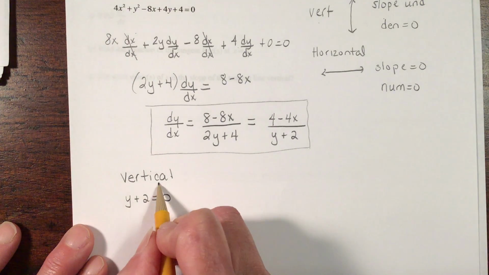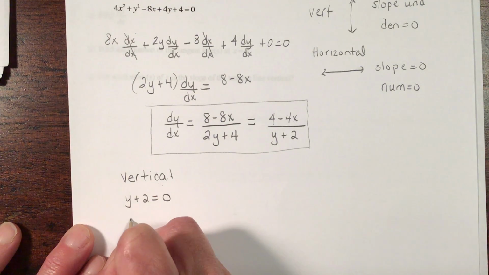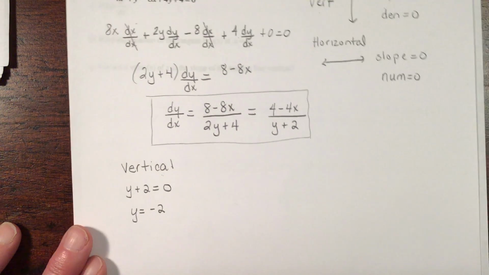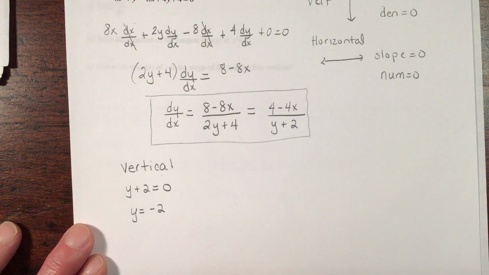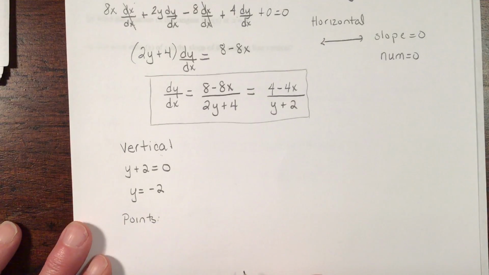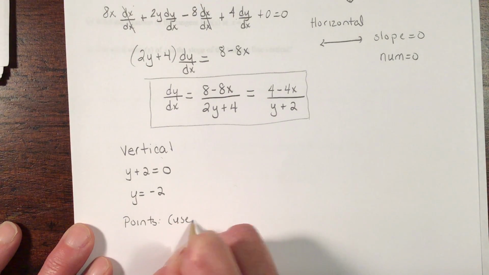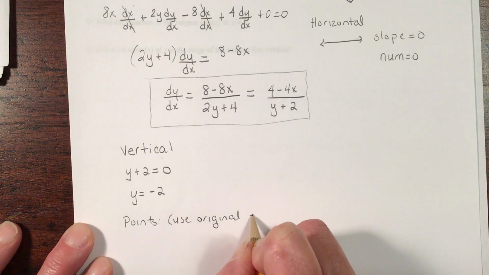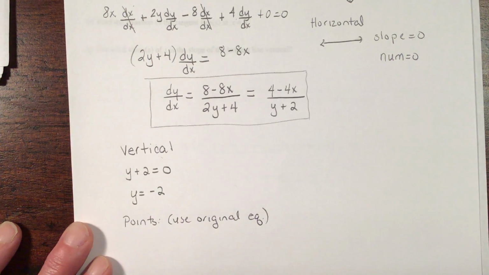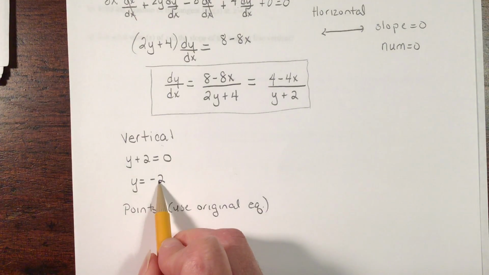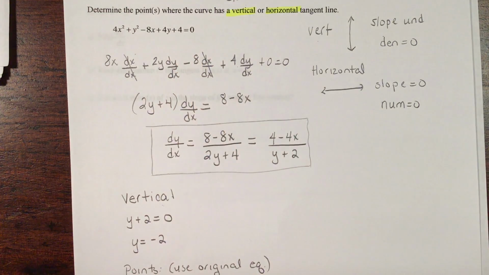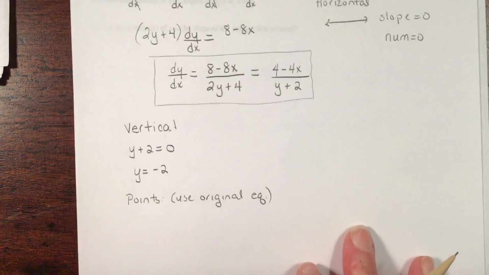I'm going to have vertical tangent lines whenever my y value is negative 2. But I want to find the points. So how do I get the points? I have to use the original equation. So I'm going to plug negative 2 into our original equation and get the x values that go with this y value.